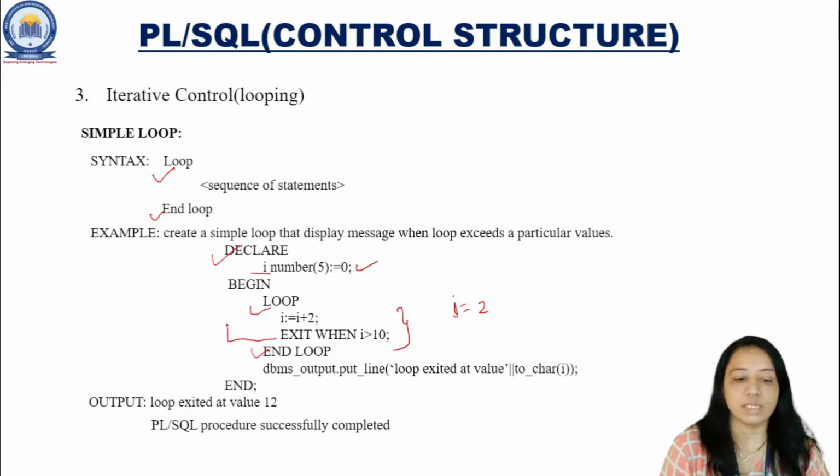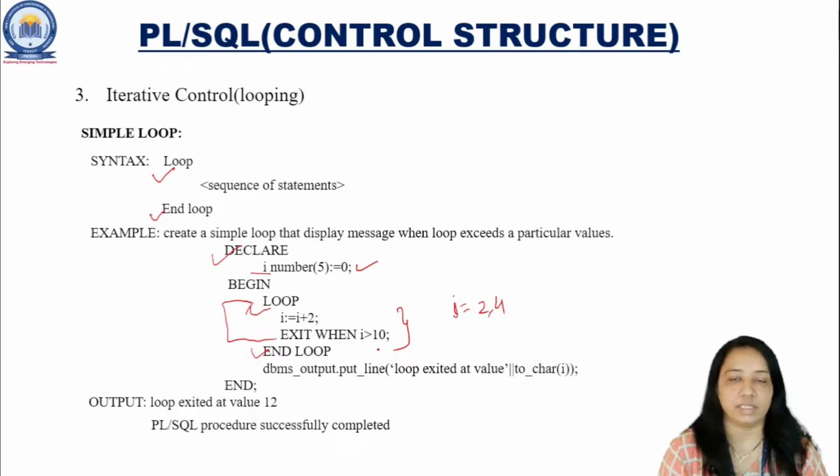Again it checks. This is executed until I becomes greater than 10. Once it is, it comes out and prints the message written there, that the loop is exited at the value of I, which is 12.